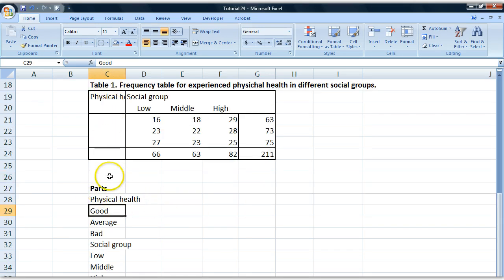So I think that belongs to physical health. As before, the y-axis moves up this way when it increases. So good will be placed on the top. Average health would be placed in the middle, and bad health would be placed here at the bottom. So we have low, low, right there. Average, middle, right there. Good, high, right there.